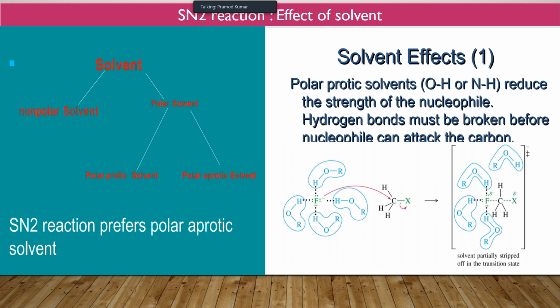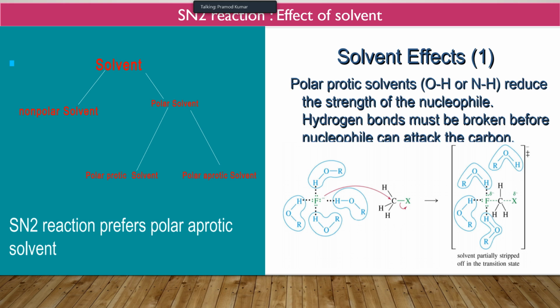Polar protic solvent contains OH or NH groups, which reduce the strength of the nucleophile. When these solvents are present, they form hydrogen bonds with the nucleophile, and extra energy is required to break the bond. Before the nucleophile can attack, the hydrogen bond should be broken.